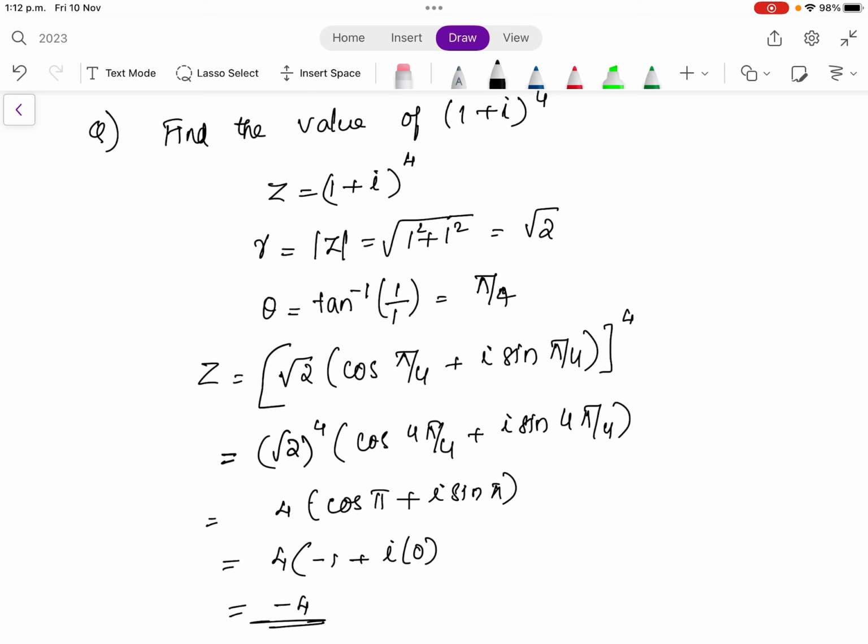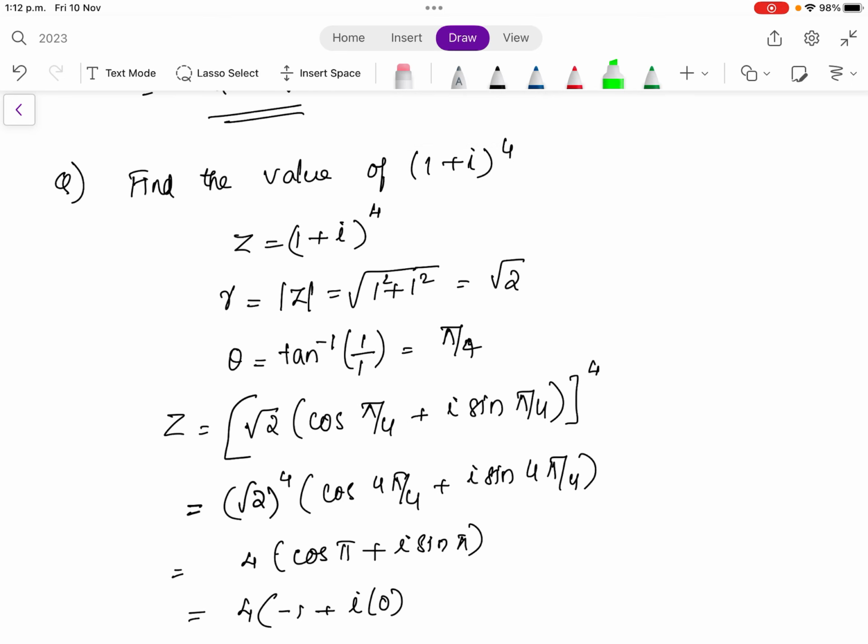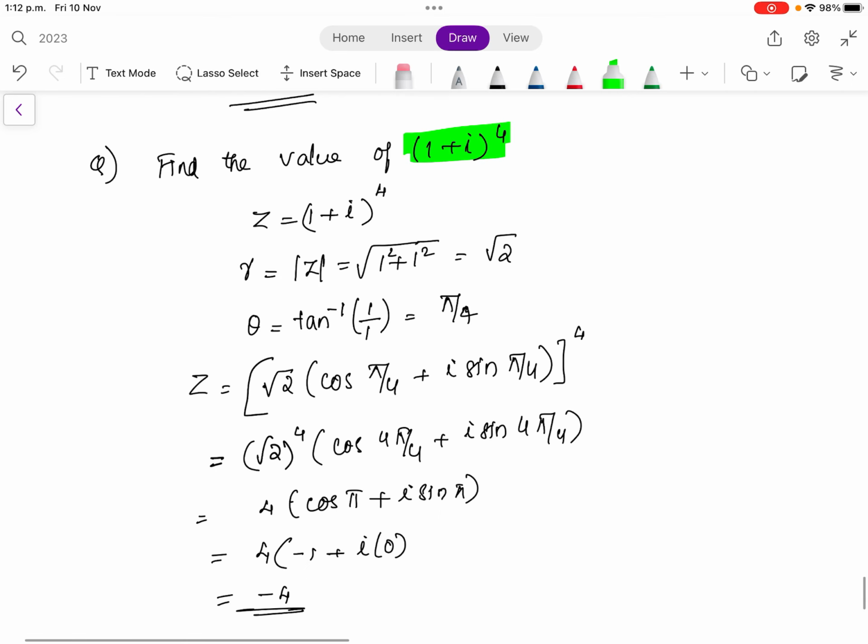Okay, so remember, when you have a complex number like this, you need to convert it into the polar form and then simplify it further.